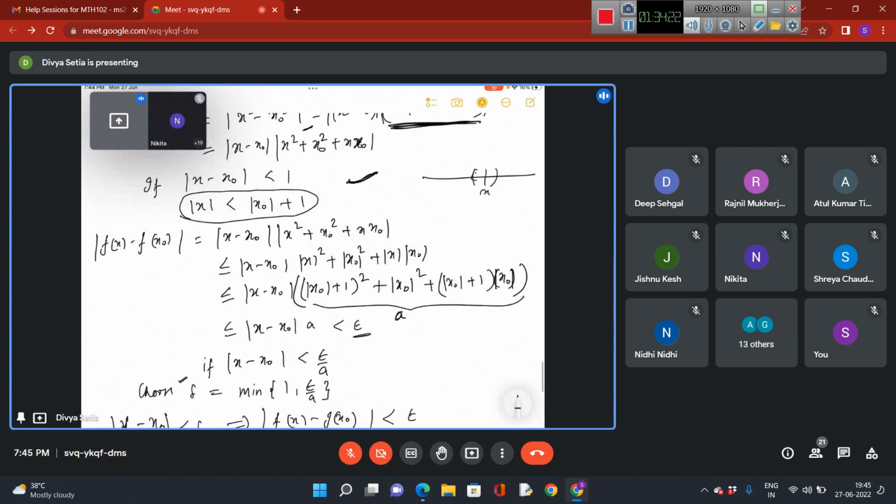We are interested in what happens when we are very close to x. That's why we are putting this condition. We really don't care what happens in this area and this area. We want to see what happens when we are very close to x. Close to x naught, sorry. Okay. So it's like we are taking x naught minus 1 and x naught plus 1. So we are interested in what happens in this neighborhood.